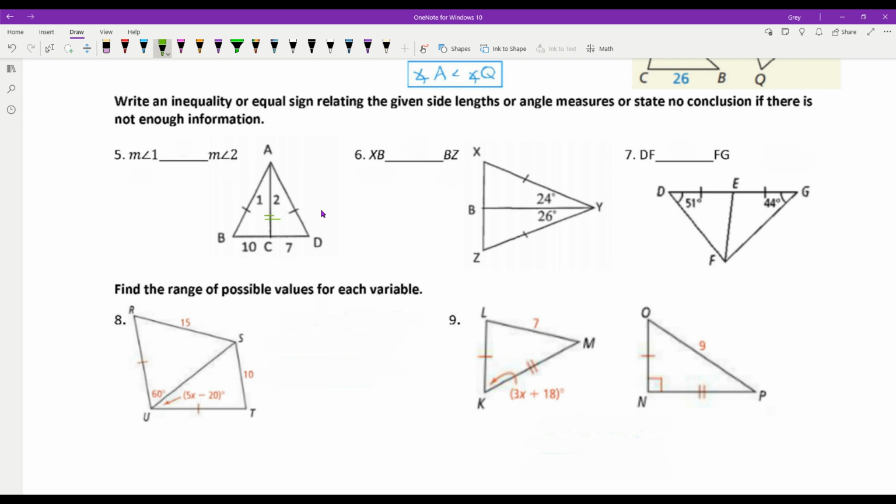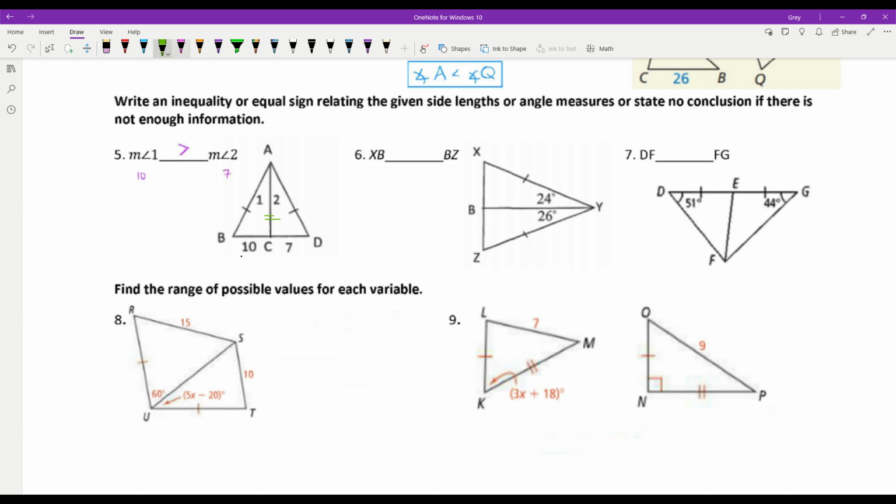This side is congruent to itself. And we know that the third side, if you have any trouble with this, y'all, across from angle 1 is a side length of 10. Across from angle 2 is a side length of 7. So that means that the measure of angle 1 has to be larger than the measure of angle 2.